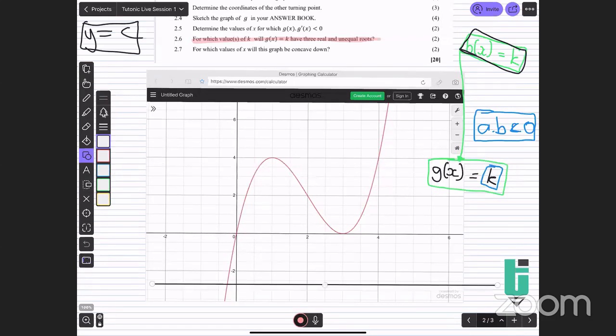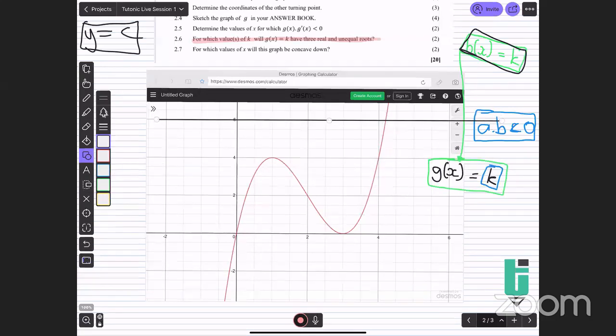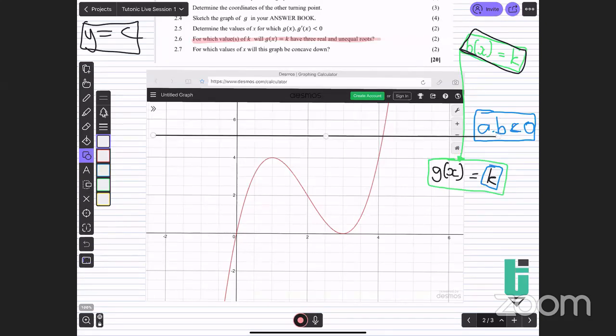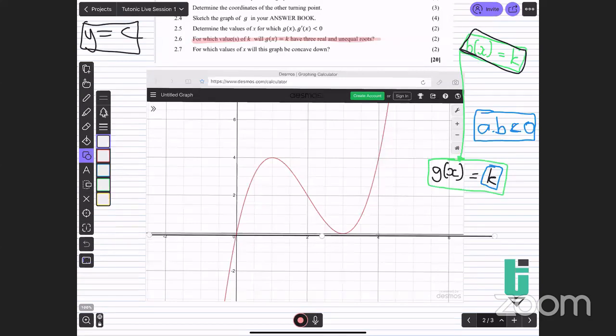So if I choose k to be 6, it's over here. If I choose k to be 5, it's here. If I choose k to be 0, it's here. I choose k to be -2, it's here.